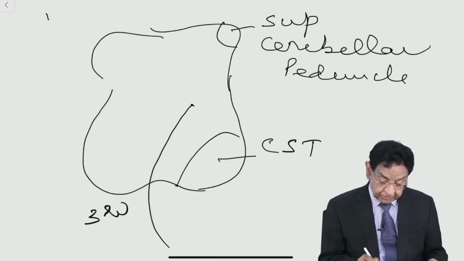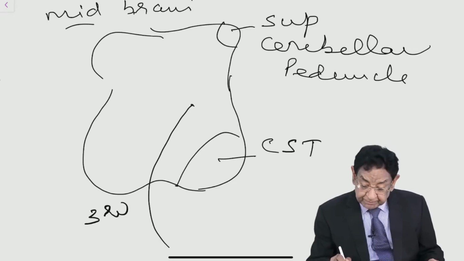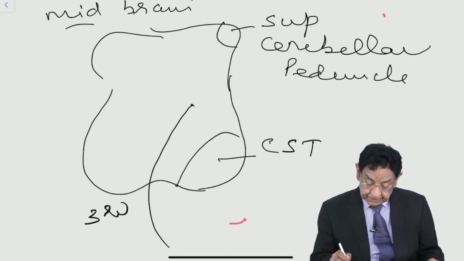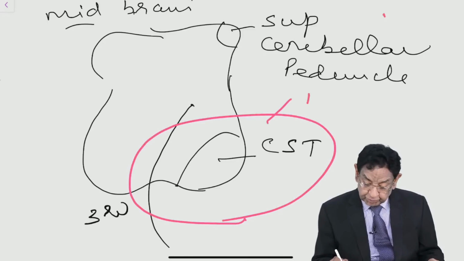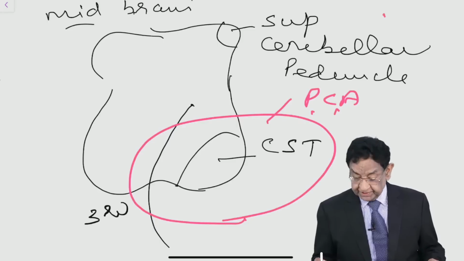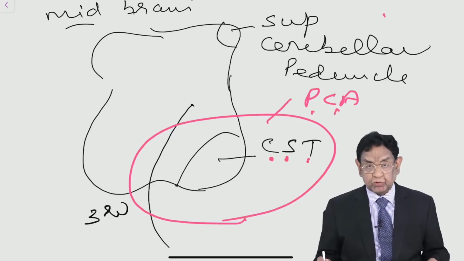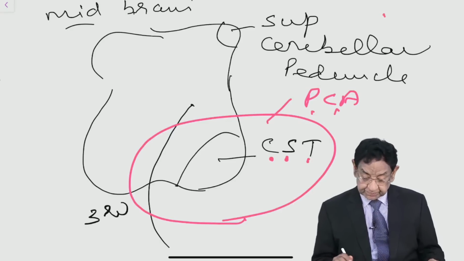This is the cut section of the midbrain. This part of the brain is supplied by a branch of the posterior cerebral artery. PCA stands for posterior cerebral artery. This is the corticospinal tract, so-called pyramidal tract.